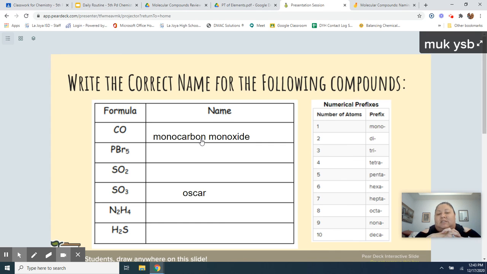Okay. Oscar, are you supposed to use mono for the first element according to the rules? So, do we need to take that off for carbon? There it is. Very good, sir.